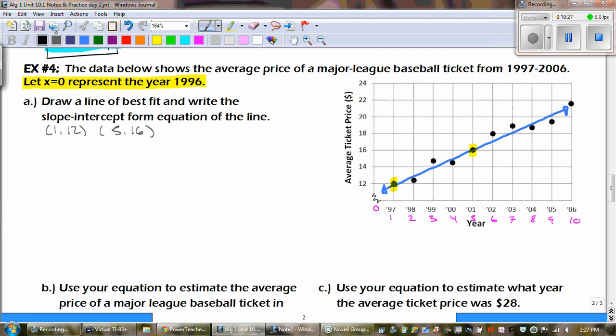So just remember that step 1 is you're going to calculate the slope. And then step 2, you're going to take your answer and you're going to plug it in to get your final answer. Okay? So I'm going to pause the video right now and I want you guys to do this all by yourself. Okay? Good luck.